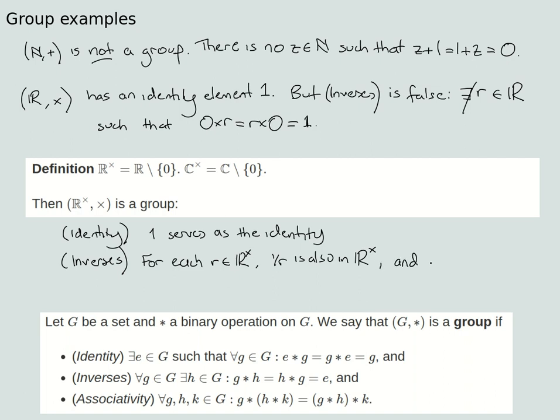And if we do r times 1 over r, or 1 over r times r, we get back the identity element, which was 1. Okay, so the inverses axiom is true, and lastly, the associativity axiom.